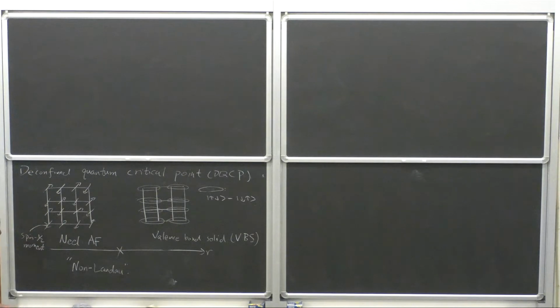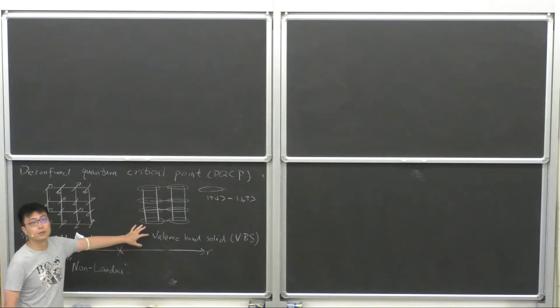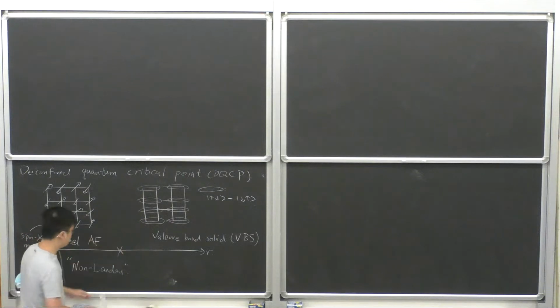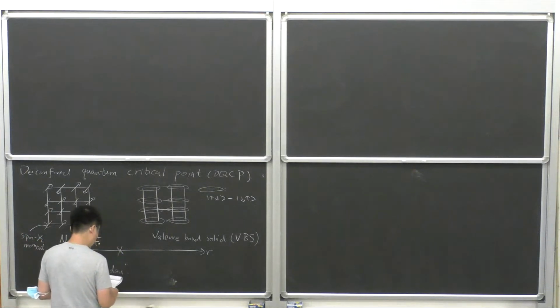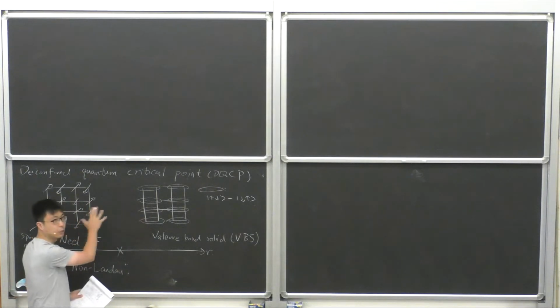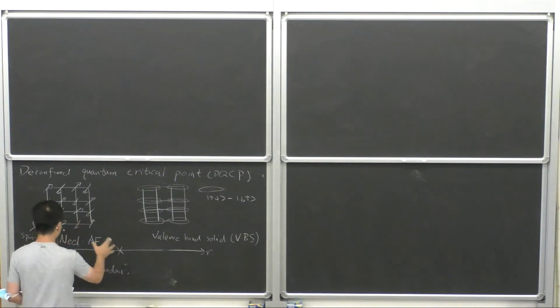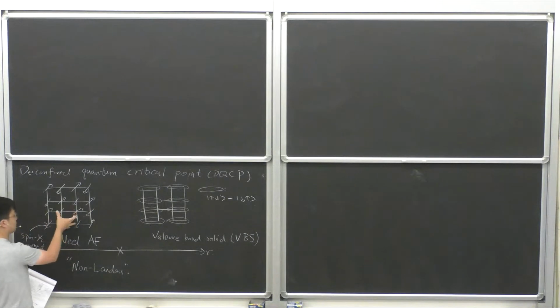That's because you cannot describe this transition with a single condensate of a local order parameter. Because if you do that within Landau theory, that requires the unbroken symmetry in one of the phases to be the subgroup of the other. But you don't have such a structure here. Here you have the 90-degree rotation, but not spin rotation.